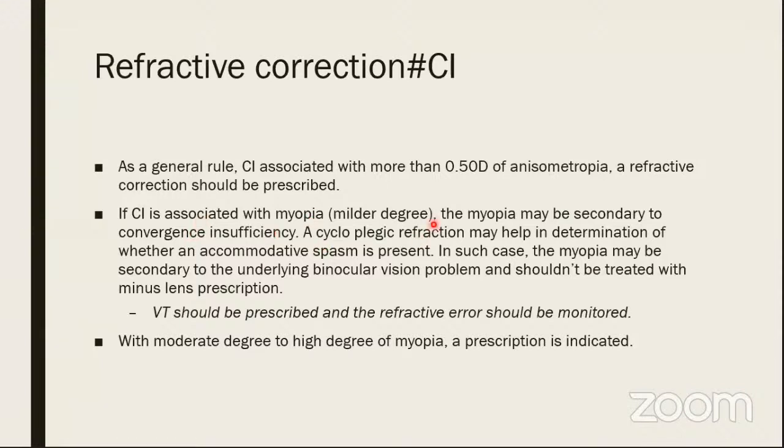If convergent insufficiency is associated with a milder degree of myopia, the CI could have resulted in the myopia itself. So in those cases, a complete evaluation should be done, and if the cycloplegic refraction shows no significant refractive error, or reduced myopia, or the patient becomes emmetropic on cycloplegic refraction, then we come to the idea that the myopia was due to the binocular vision problem, that is CI, and the prescription of minus lenses is of no use in many cases.